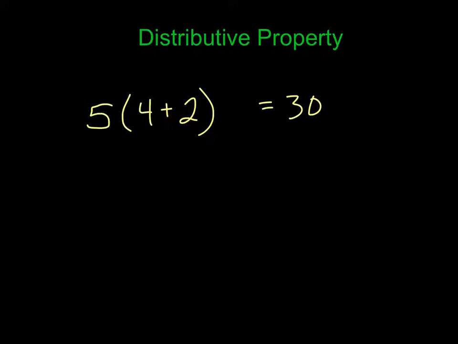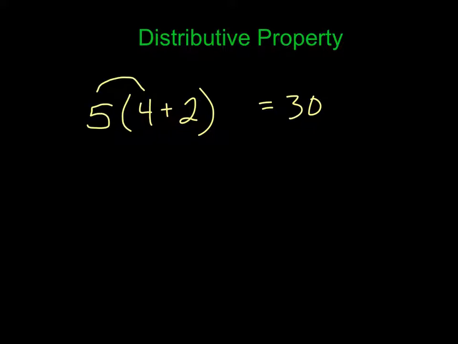So the distributive property says when I have a problem like this, where it's 5 and I'm timesing it by, remember there's no sign here, so that means times, so I'm timesing it by 4 plus 2. Instead of solving this first, I'm going to be taking 5, timesing it by this. To do that, I like to show these little arrows.